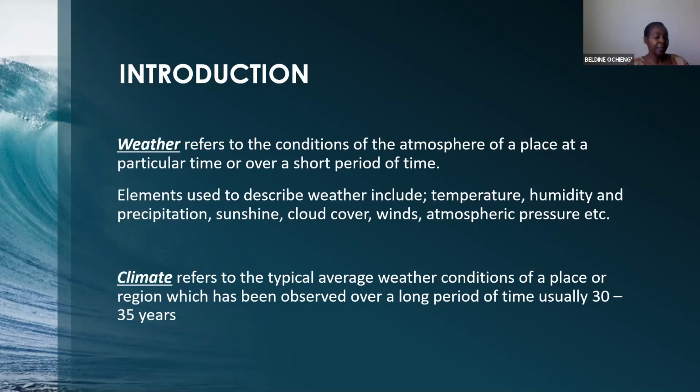Then climate. Climate is now the typical average weather conditions of a place that has been taken over a long period of time, and we must insist on saying how long it is. It is usually 30 to 35 years.